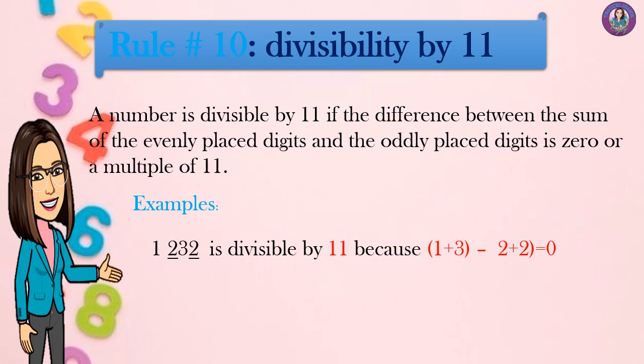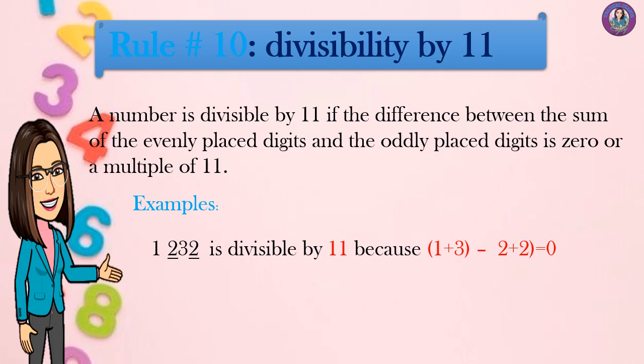Because 1 plus 3 minus 2 plus 2 equals 0. 1 plus 3 are the odd-placed digits, and 2 plus 2 are the even-placed digits.